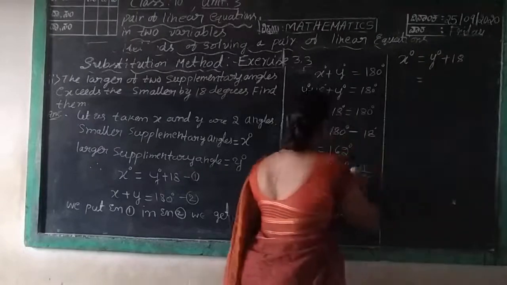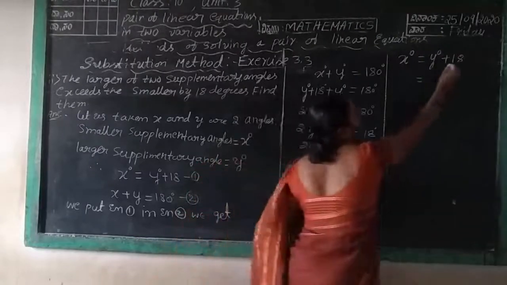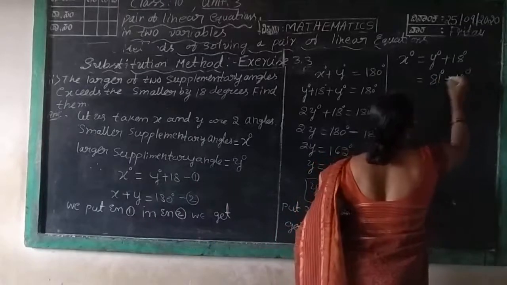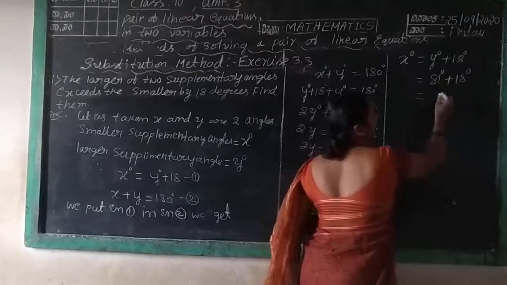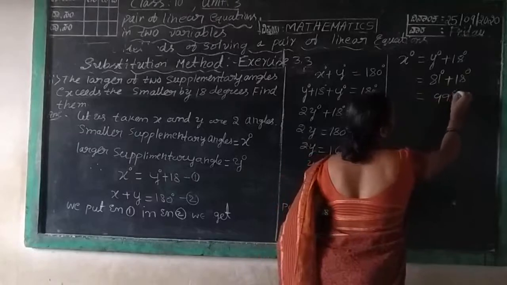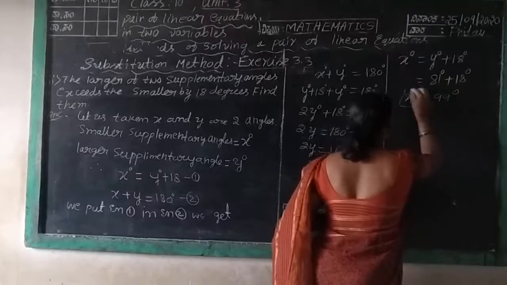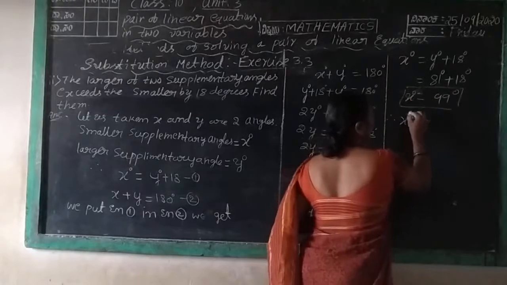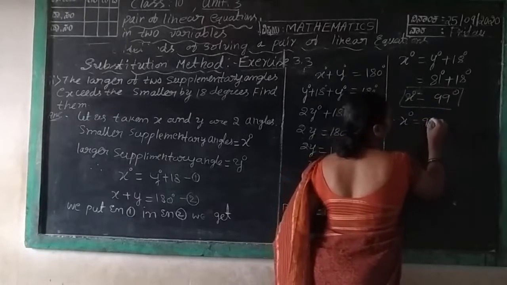Then put the y value 81 degree, 81 degree plus 18 degree. We add this. We will get 99 degree. Therefore, x degree is 99.